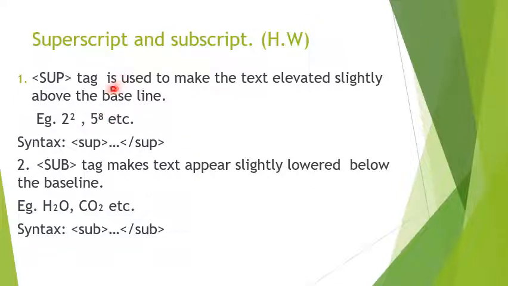There we use the sup tag, and it is used to make the text elevated slightly above the baseline, as we can see over here, so that it appears smaller and towards the upside of the normal character. The syntax is very straightforward. You write anything between the sup tag and then close it with the closing sup tag.